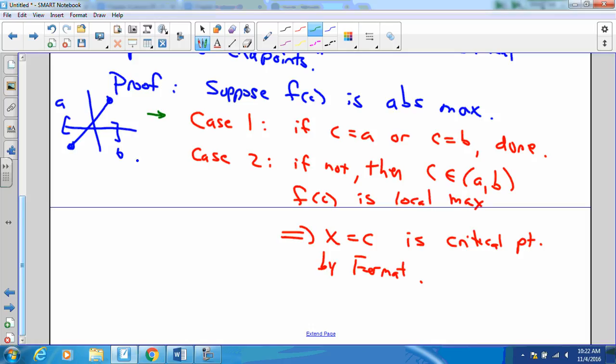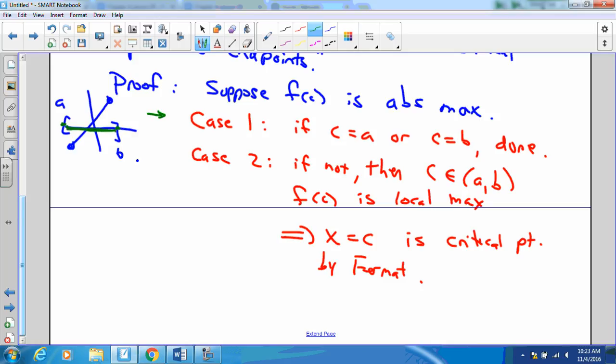Out of all of the possible C's that I could have, either they happen at the endpoints or else they don't happen at the endpoints, because I'm restricting myself to the interval A to B. So first, let's look at the case where C happens to be an endpoint. That matches the conclusion that I'm trying to make, so I have nothing else to prove in that case.